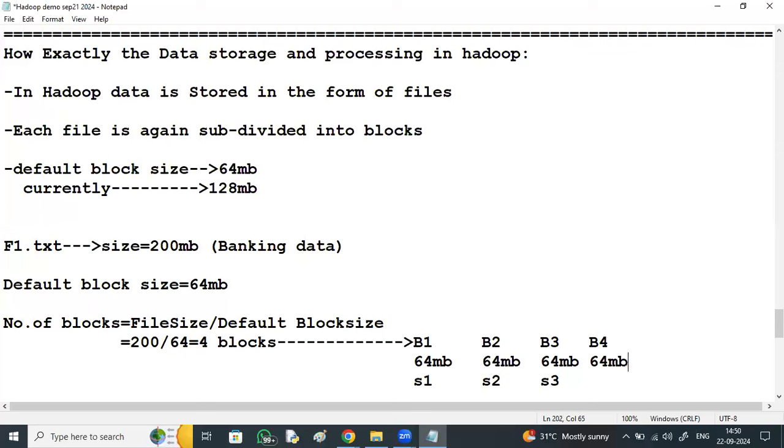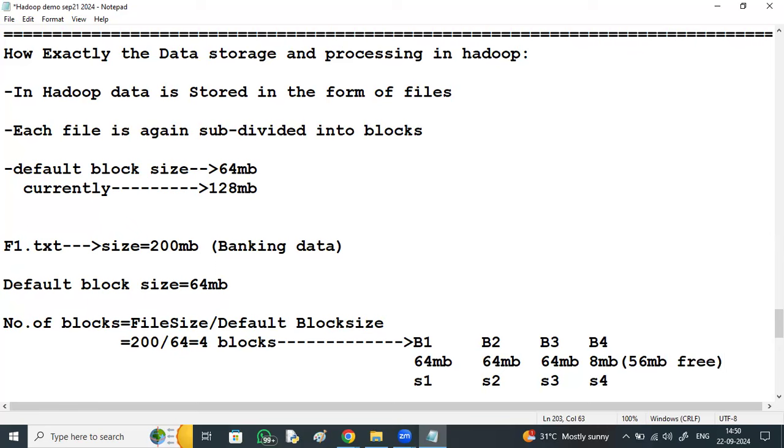Sorry, B4 is not 64 MB. Today I want the session to be interactive. What is the B4 size? 8 MB, right? So here 56 MB is free in this B4. It is stored in slave 4.